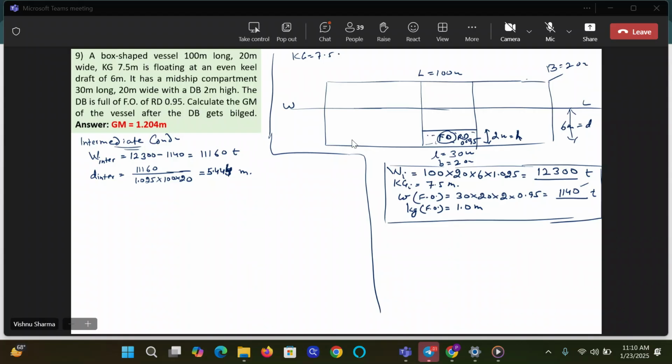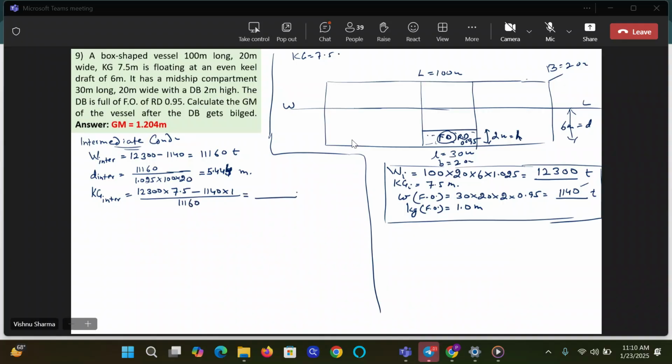What will also change will be the kg of the vessel, am I right, Peter? Because you have discharged some weight. What will be the final kg? Initial vertical moment: 12,300 into initial kg of 7.5, minus the vertical moment of the weight discharged, that is 1140 into 1, divided by the final displacement of 11160.